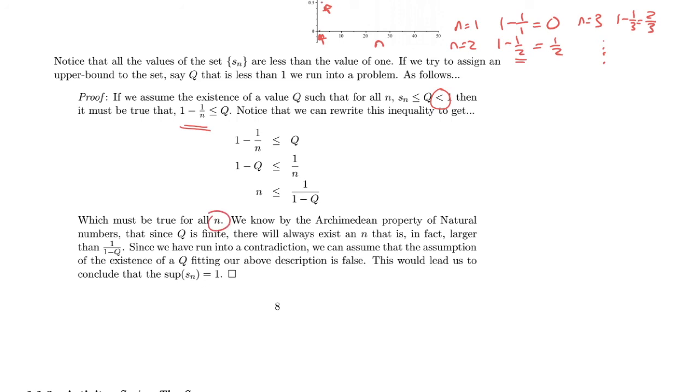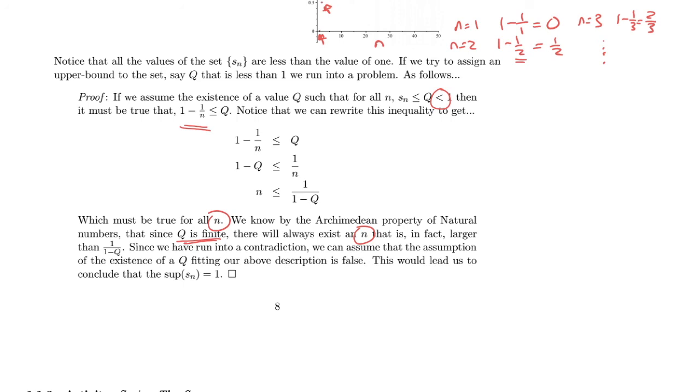We know, however, by the Archimedean property of natural numbers, that since q is finite, there will always exist an n that is in fact larger than 1 over 1 minus q. Okay, it has to be. The Archimedean property guarantees it.